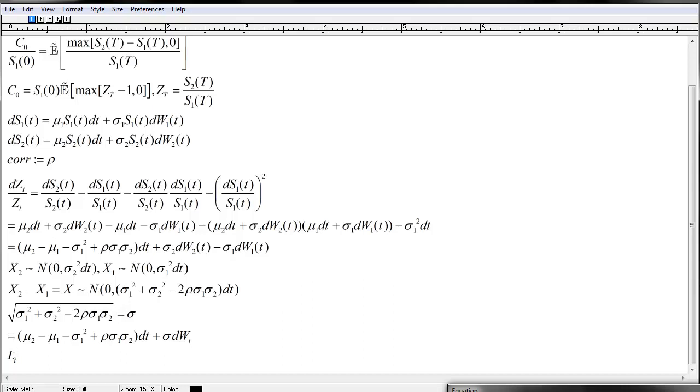So we need to invoke Girsanov theorem, and we define the Radon-Nikodym derivative in the following way.